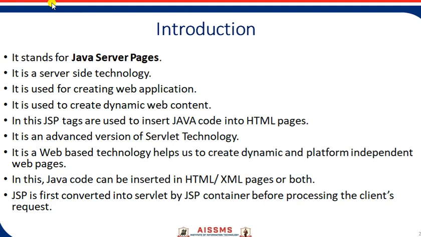This way the current status of the database can be reflected with the help of web server based applications, which is done through servlets and JSP. So basically servlet and JSP are used to generate dynamic web content.